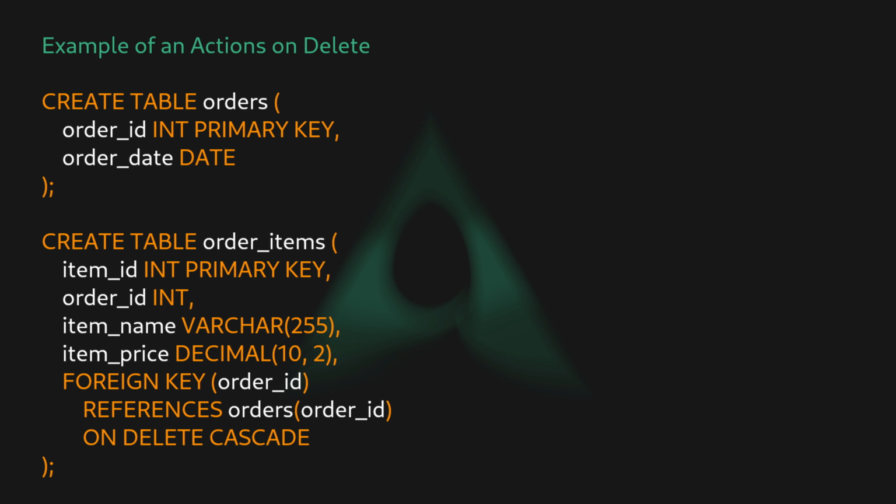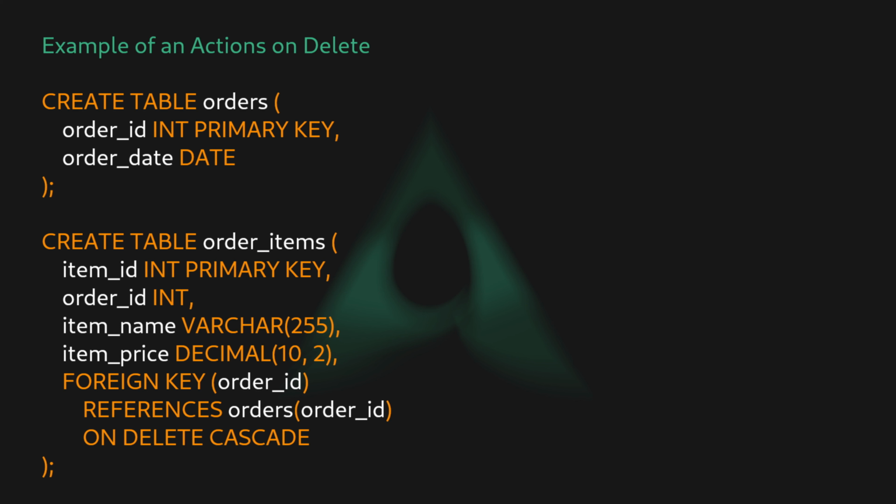Now let's say that we want to set an action for deletion on the parent column. The parent column is inside our orders table, and let's say that we have a record in this table that has order_id 1. Now we want to delete the same record on the order_items table when the record on the parent column inside the orders table is deleted.